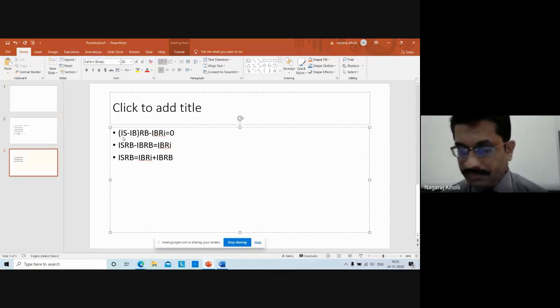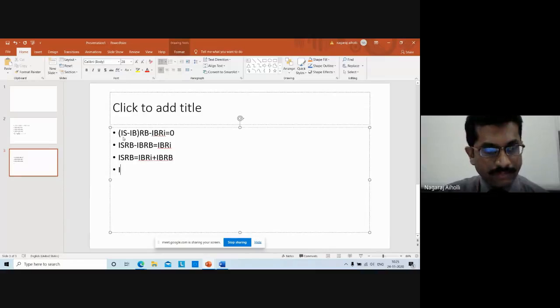That is, IS RB will be equal to, taking IB common, IB into RI plus RB. Therefore, write the equation for IB by IS.